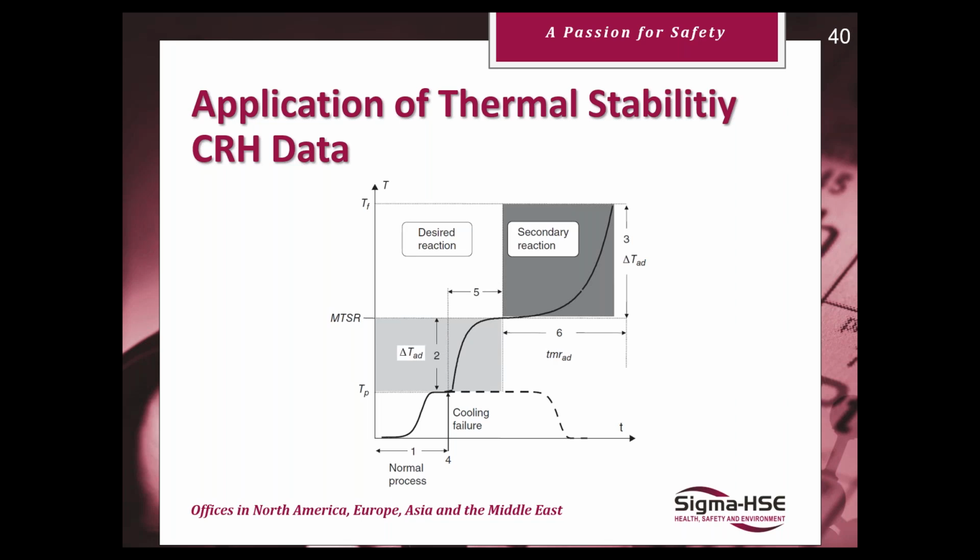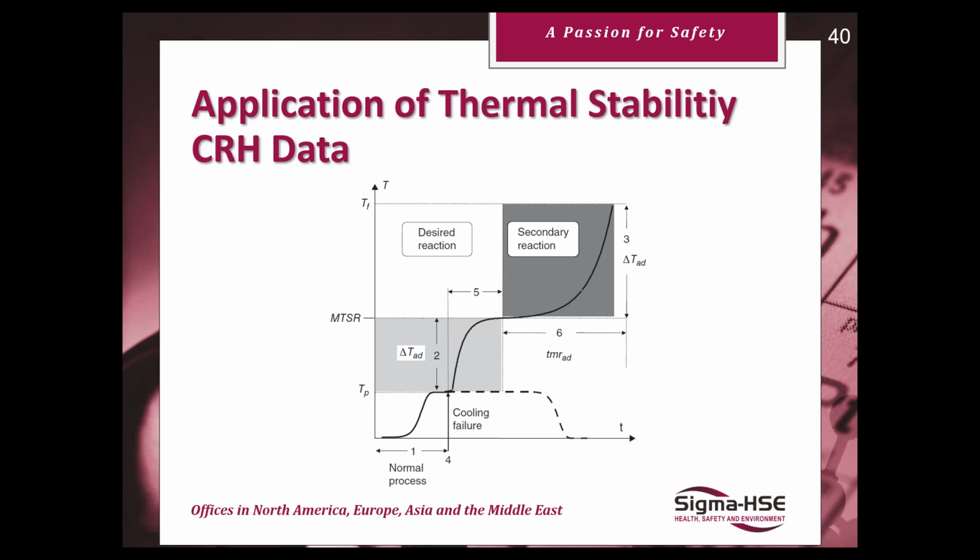But then there is an occasion where we have a cooling failure at 0.4, and we then have an increase in temperature. So that is the temperature from the desired reaction, but you're no longer taking that heat from the system because the cooling has failed. So you get to the point which is MTSR, the maximum temperature of the synthesis reaction, and the reaction is tailing off at that point.